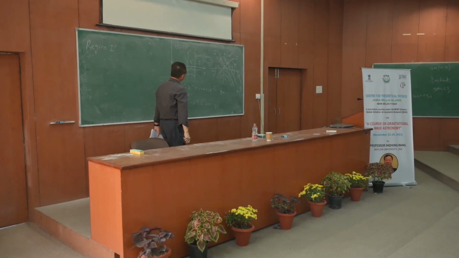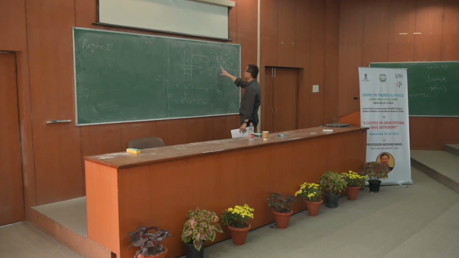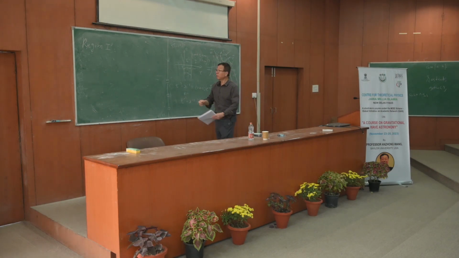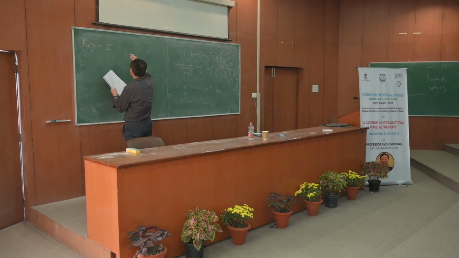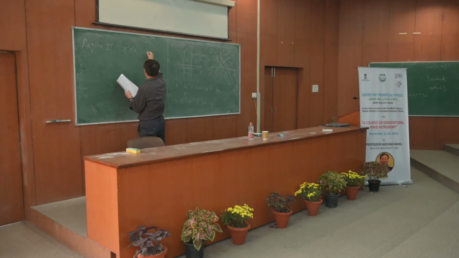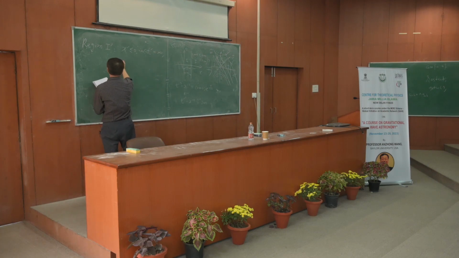Now from this picture you can see region 1, this one. I'm talking about what is called region 1 prime, right? Region 1 prime has the following properties: x prime less than 0 and t prime greater than minus infinity, and then x prime squared minus t prime squared goes to 0.